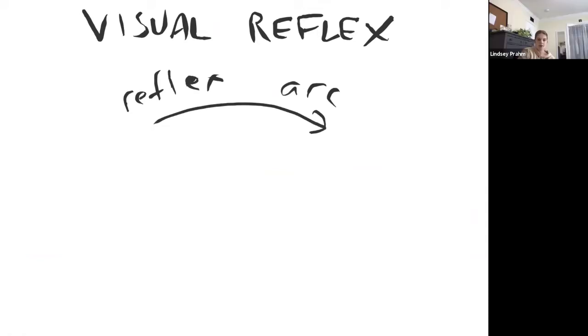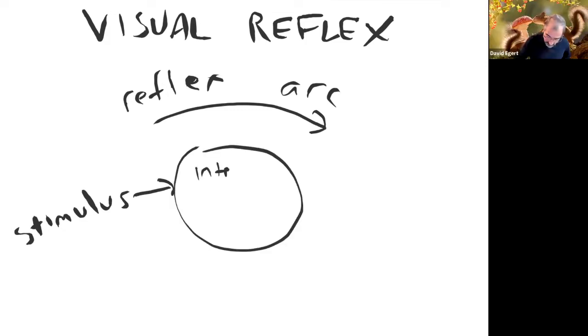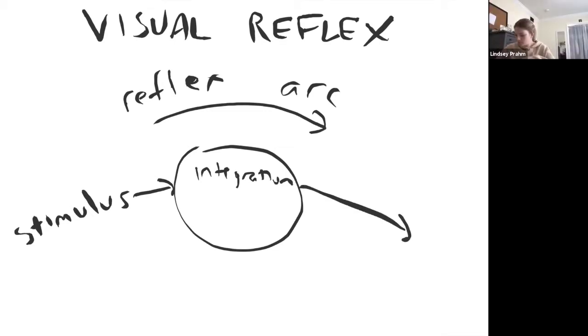You got your stimulus, and then you got your afferent and efferent neurons and CNS, and then the effector. Yeah, so there's stimulus, there's integration, and then there is the output, the response.